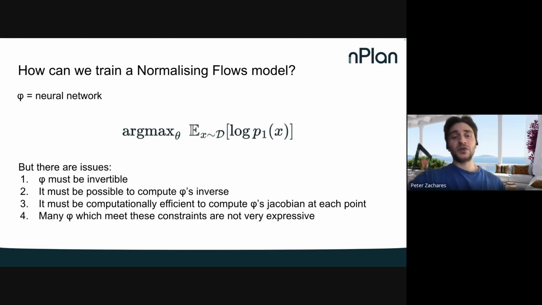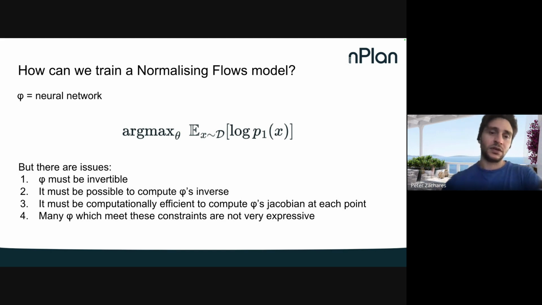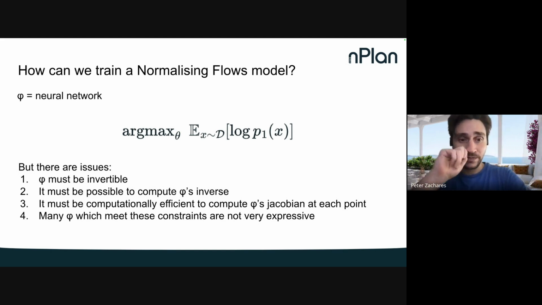It also has to be computationally efficient to compute phi's Jacobian at each point, which is hard because in most cases, computing the Jacobian would mean that you have to do a backward pass of your network as many times as there are inputs into the network, or into phi.